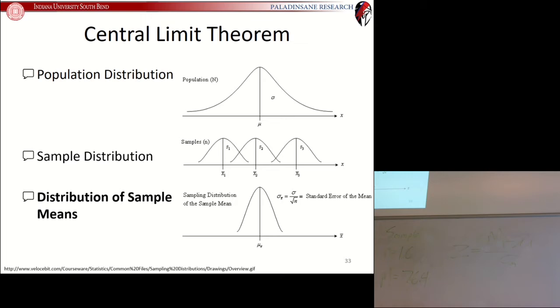The mean of it is going to be the same as your population, so the mean of it is 70. The standard deviation, that's super important, standard error, equals the standard deviation of your population divided by the square root of the size of your sample.